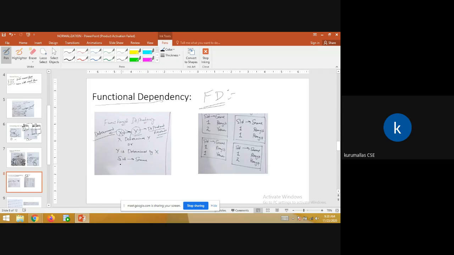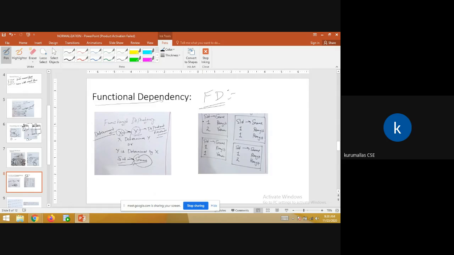For suppose if you write the attribute SID tends to SName, the SName is determined by SID. So here various combinations are possible. If you observe here, this is SID tends to SName.